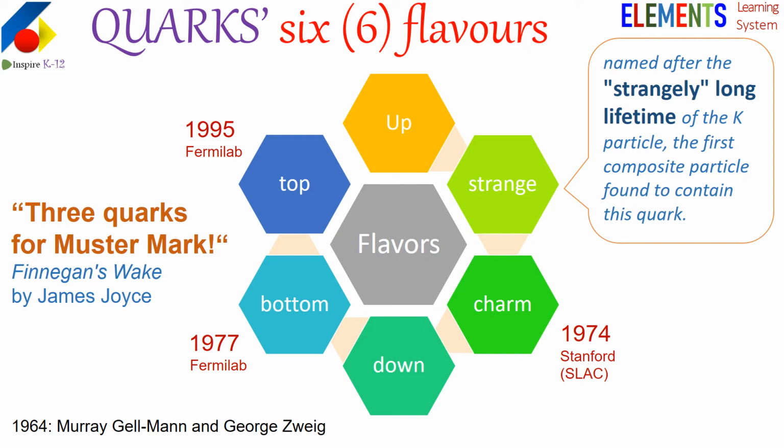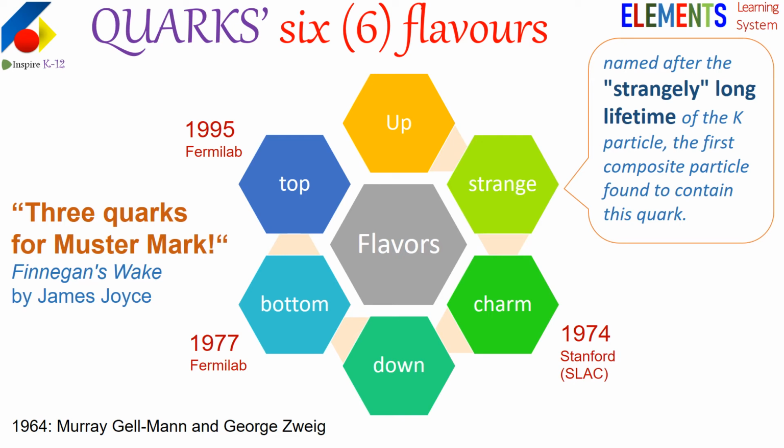The word quark actually came from the literature, from the James Joyce novel Finnegans Wake. He used it just as a meaningless word, 3 quarks, and it was picked from there. In 1964, Murray Gell-Mann and George Zweig suggested that.